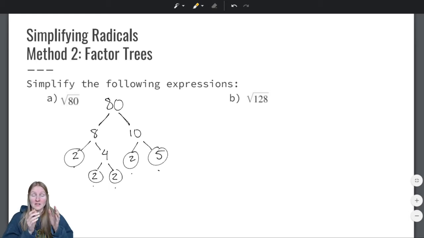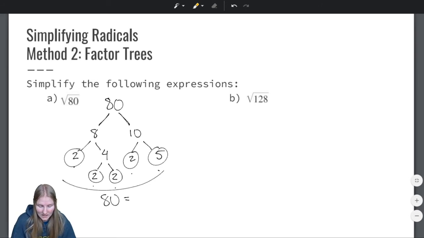Now, this factor tree, and you can see it looks like a tree because it's got all these roots and stuff like that. But these factor trees give us what's called the prime factorization. So this tells us that 80 is equal to 2 times 2 times 2 times 2 times 5.